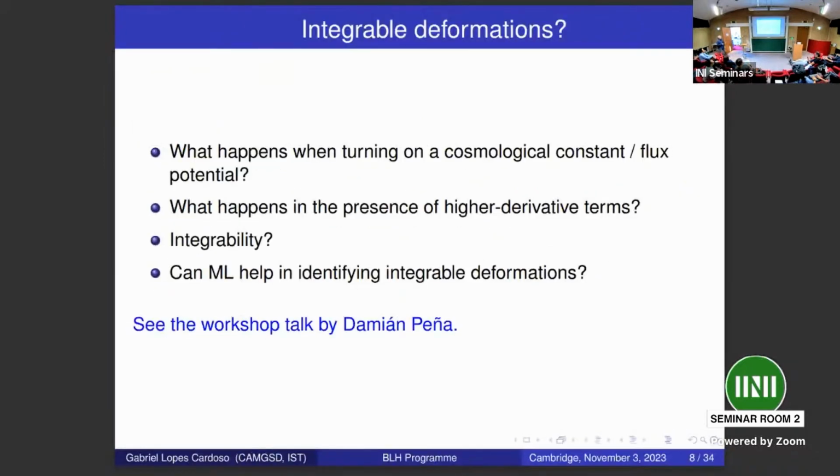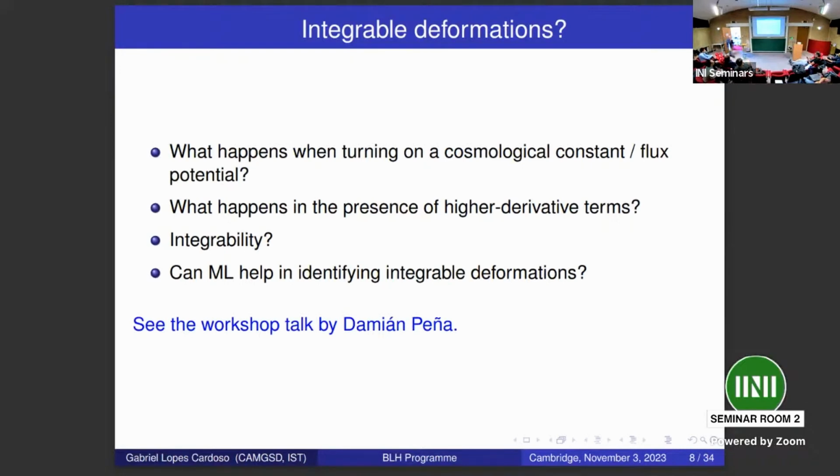But before I do that, I told you initially that the theories we are going to look at are theories without a cosmological constant or without potentials for the scalar fields. So now you may ask, what happens? I also told you that the subspace of solutions we are looking at is a subspace where the solutions effectively only depend on two coordinates.